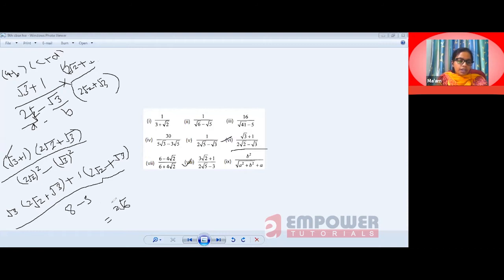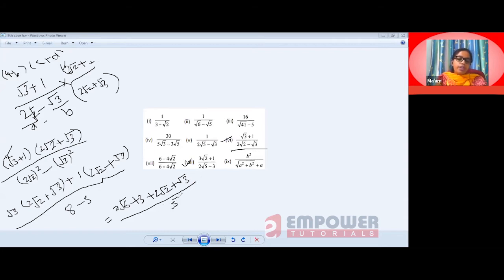And this will be 3, root 3 into root 3 will be 3, plus 2 root 2 plus root 3, and in the denominator you will get 5.